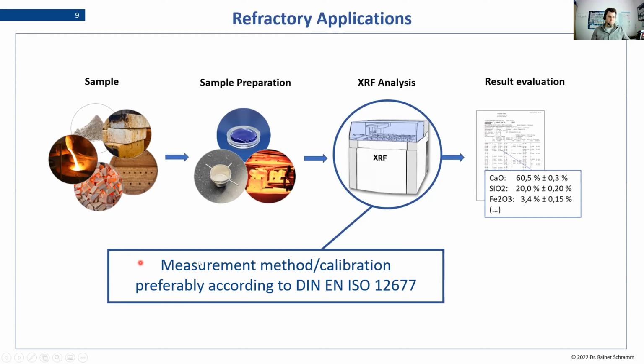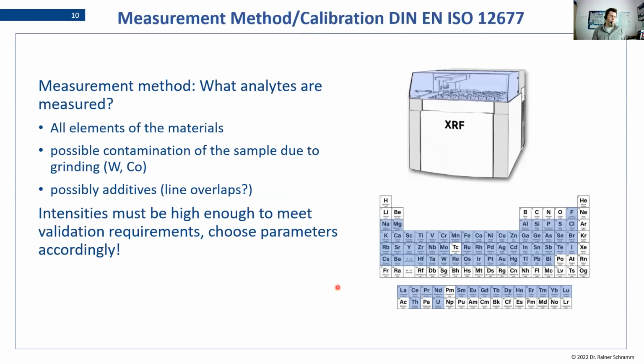And again, in this presentation we're talking about conformity to this ISO norm, because this is what we do. So the idea here is to have a calibration method conforming with the norm.